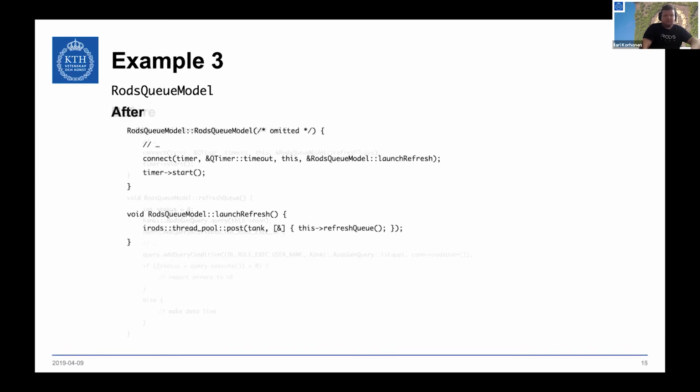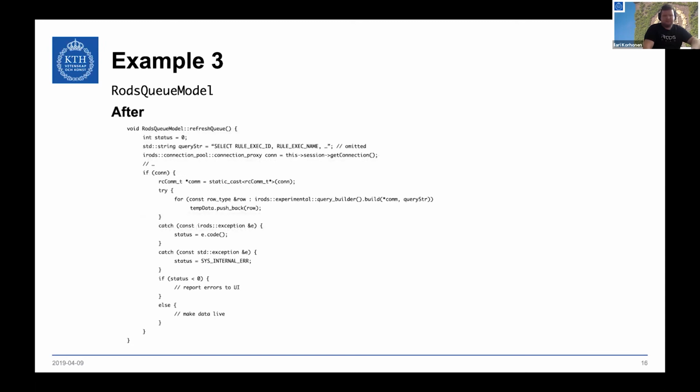So what happens now is that the same timer is still there, but attached to that, we point another function, which basically sends a lambda function to a thread pool. So the Qt event handler calls something that creates a lambda function that puts an executable function in the thread pool that comes from the iRODS client library, which does its thing and manages the data behind the UI.